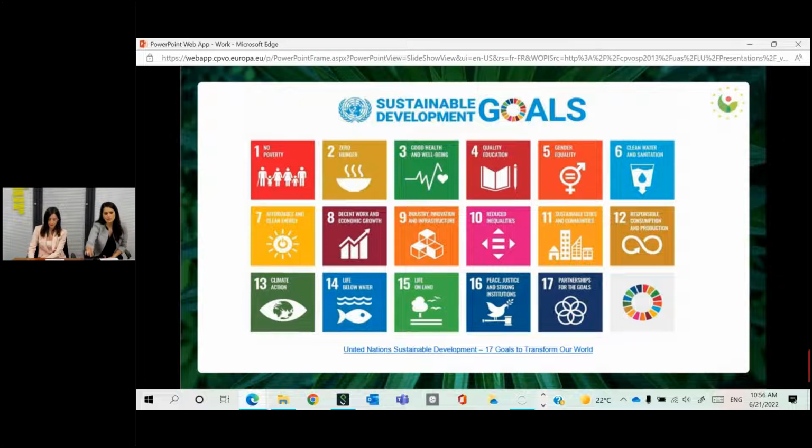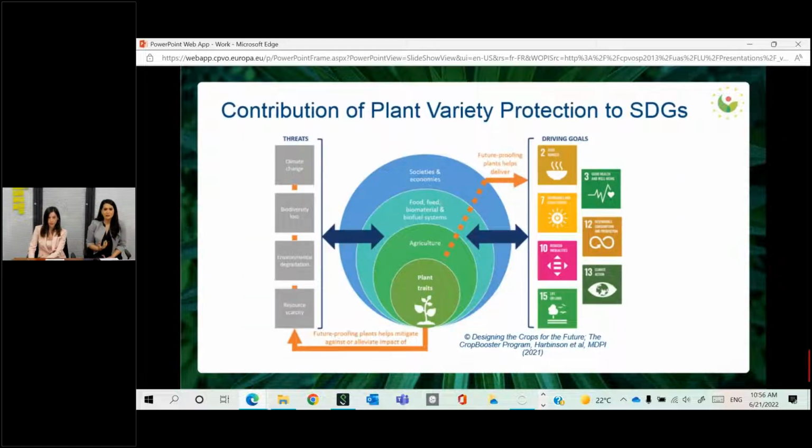Why? Because plant breeding, thanks to its potential, and we saw the desirable traits that we can introduce in plants, offers the possibility to stop hunger, to feed an increasing population, and to allow consumers to have access to affordable and nutritious food, while also ensuring sustainable growth and use of the land.